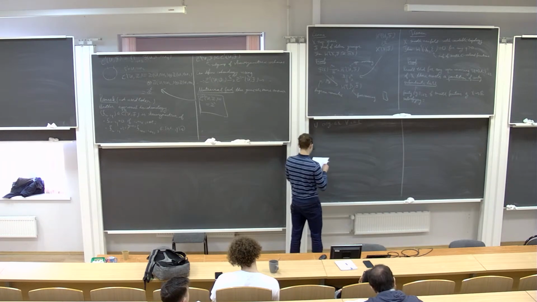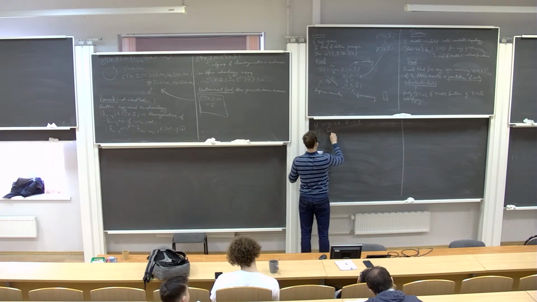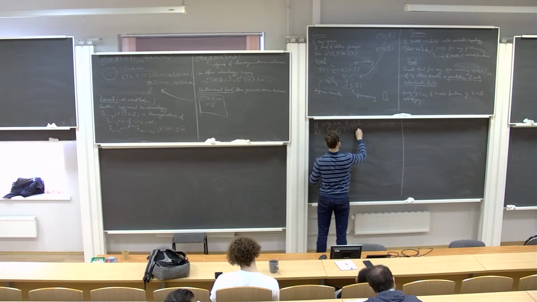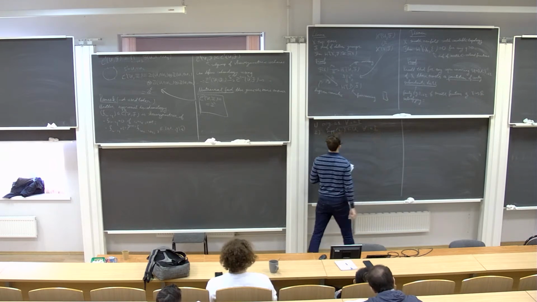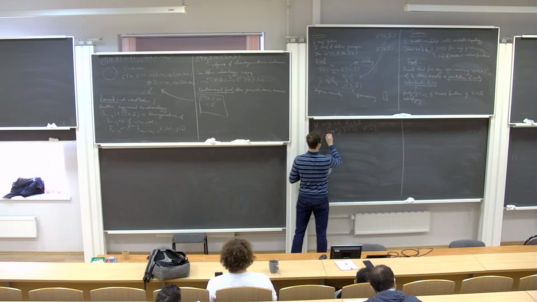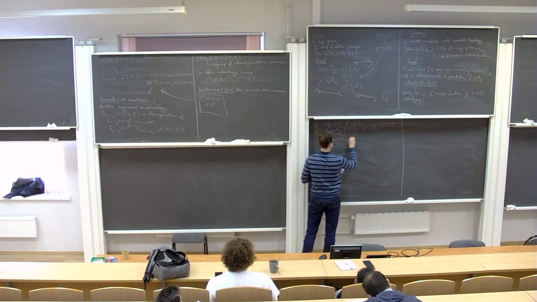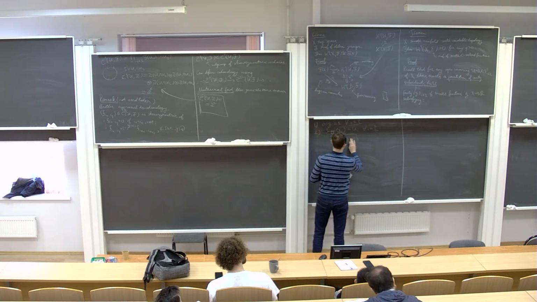Then the support of g_i is inside U_i. I recall that the support means the closure of the set of points in X such that g_i(x) is not equal to 0.